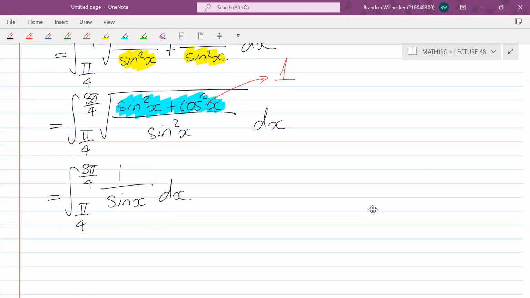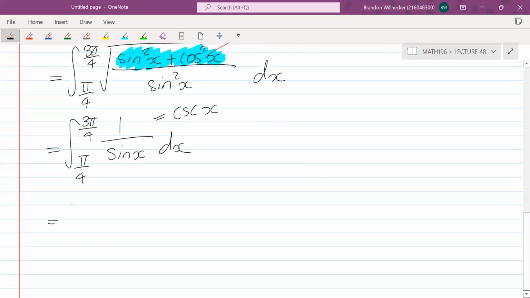Okay, now we haven't really worked with 1 over sine x, but we do know that the reciprocal of sine x, like the reciprocal of cos, is given by cosec x. Okay, similar to how the reciprocal of cos gives us sec x. Okay, so very similar. So now we have the integral from pi over 4 to 3 pi over 4 of cosec x dx.